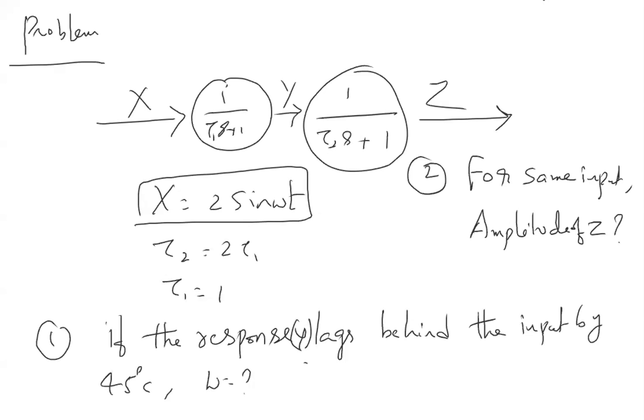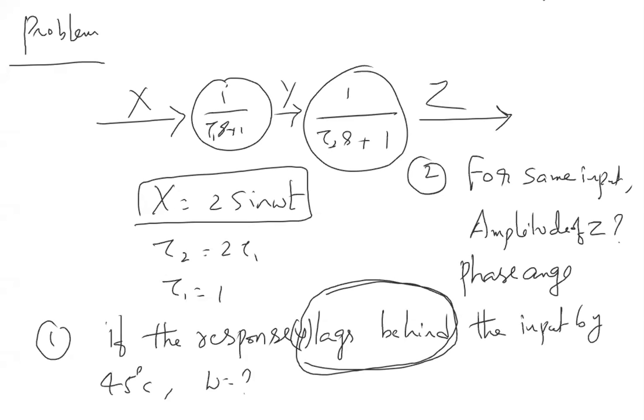What is meant by lags behind? That means the phase angle is negative. Phase angle is minus 45. Phase lead or phase lag? Phase lag means minus, a negative sign.